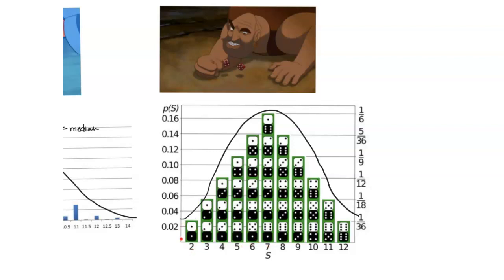If you are to roll a 2, there's one possible way that you can roll a 2. You roll a 1 on one die and a 1 on the second die. Two possible ways that we can roll a 3, and so on and so forth. Notice what's at the top of our graph, or what gives us the most possible outcomes. That's 7.